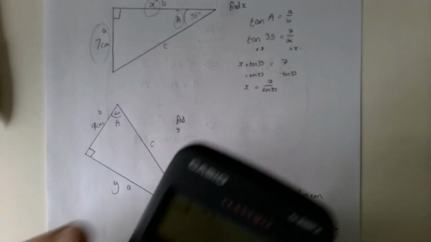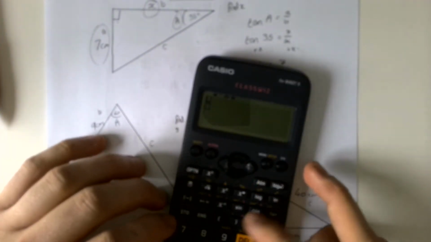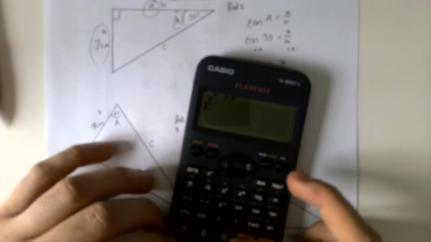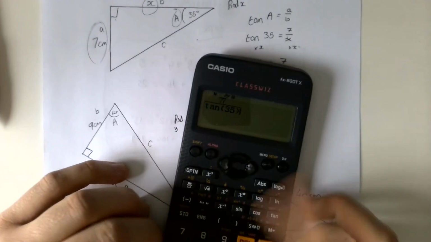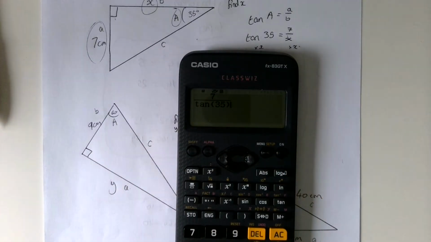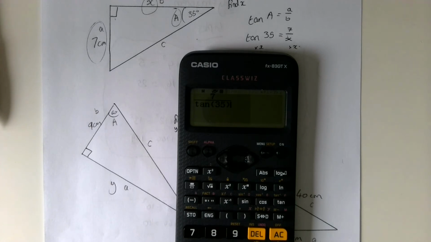So if I go over to my calculator and I type in 7 over tan 35, I always like to just close my brackets when I'm working with this. It doesn't actually make any difference to the calculation in this case, but lots of people can make mistakes if they leave their brackets open, so please do get into the habit of closing your brackets.